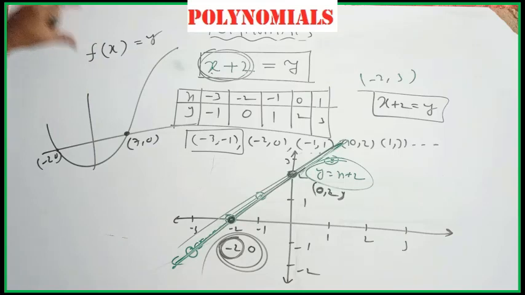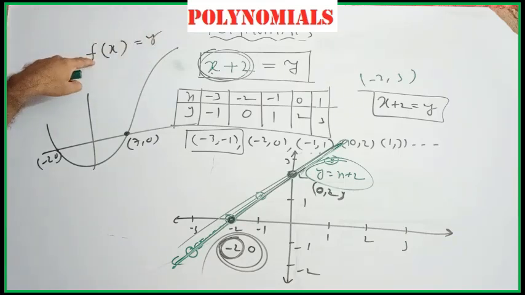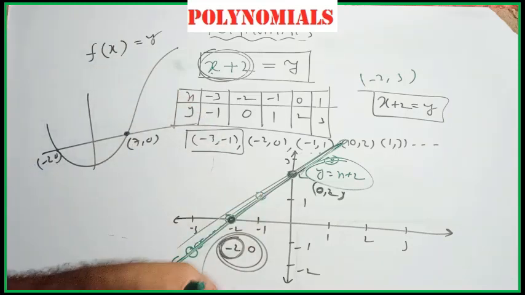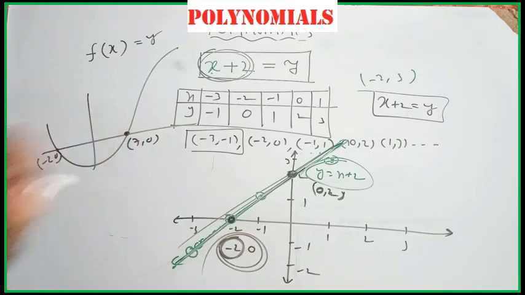So we want to find the zeros of the polynomial f of x. We need to draw the graph of y is equal to f of x; where that graph intersects the x-axis, the x coordinates of those points are taken as the zeros of that polynomial. Okay, the zero of the polynomial f of x is the x coordinate of the point where y is equal to f of x intersects the x-axis.